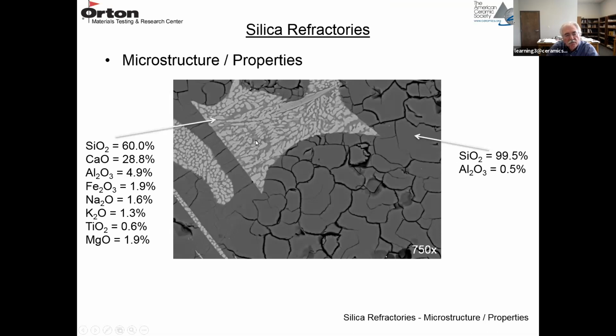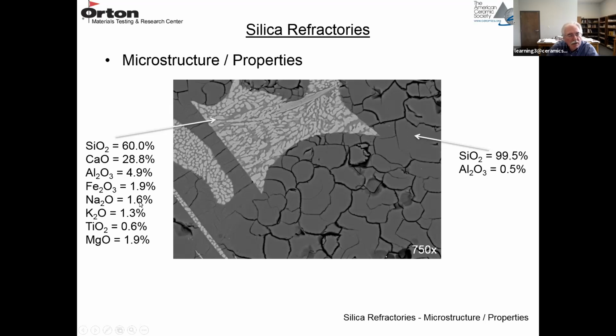And there are actually two phases in the silicate glass. The overall composition of this glass in this particular location was about 60% SiO2, 29% CaO, and then your other impurities are almost 5% alumina, 1.9% iron oxide.